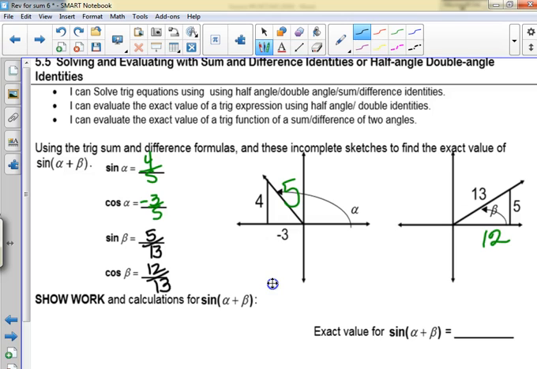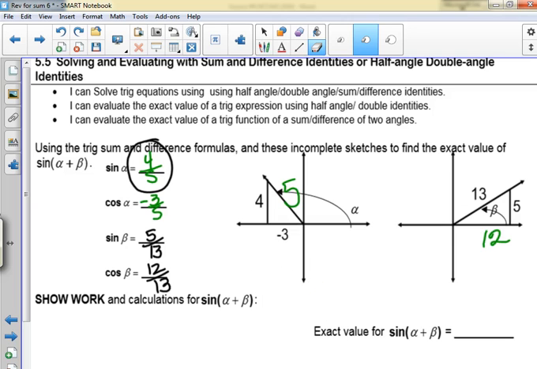The biggest mistake everybody made is they wanted to write down sine A plus B. They wrote down sine of A. No, no, no, no. A is this angle, guys.